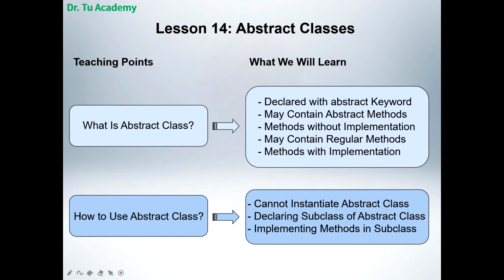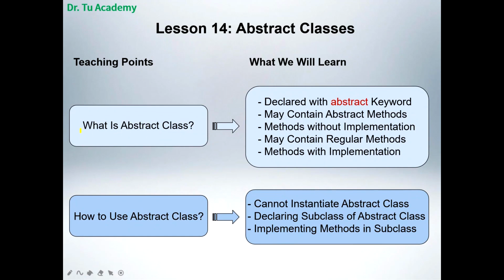Now we are going to learn abstraction in this lesson and the next lesson. Abstraction can be achieved through abstract class or interface. So in this lesson, we'll learn abstract class, and in our next lesson, lesson 15, we'll learn interface.